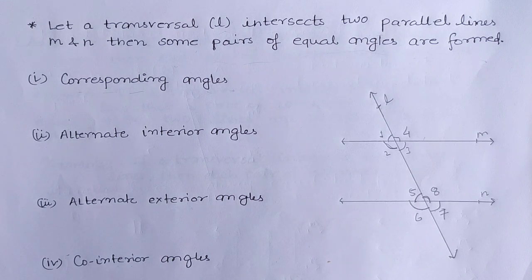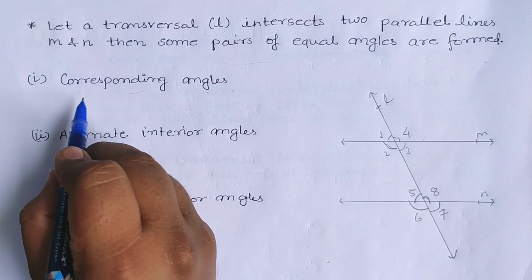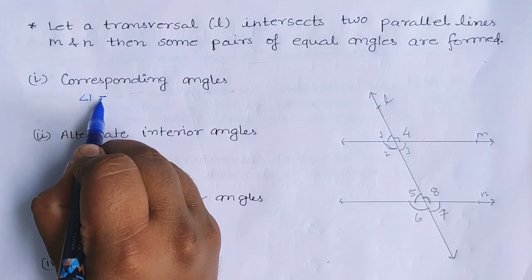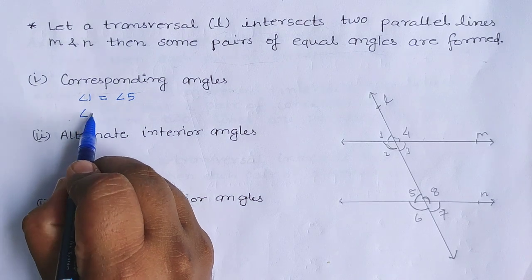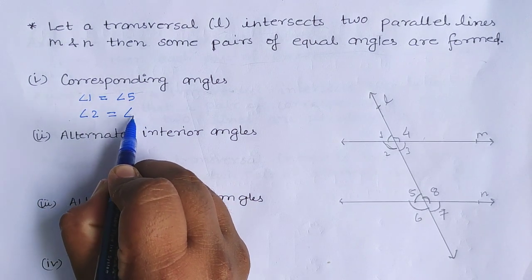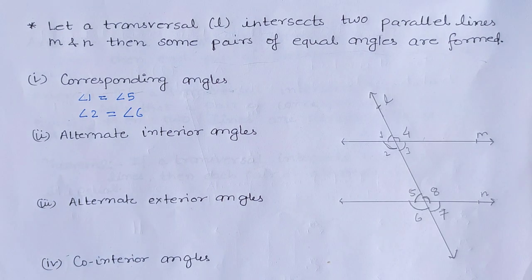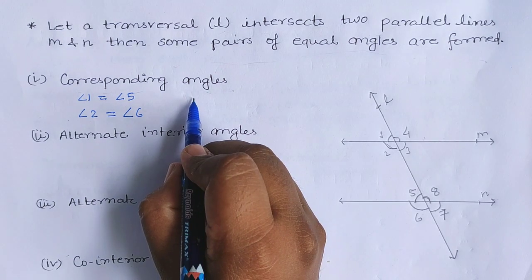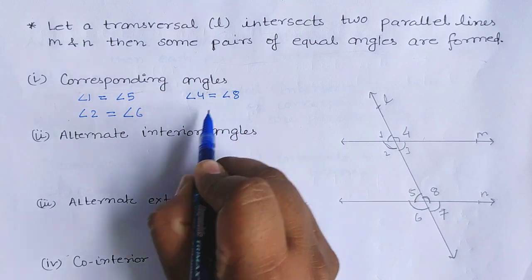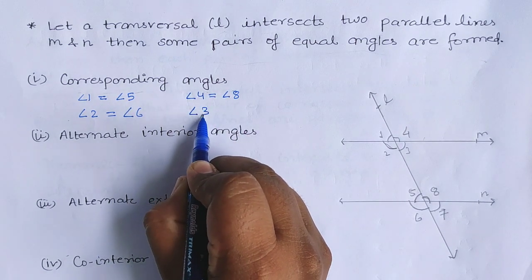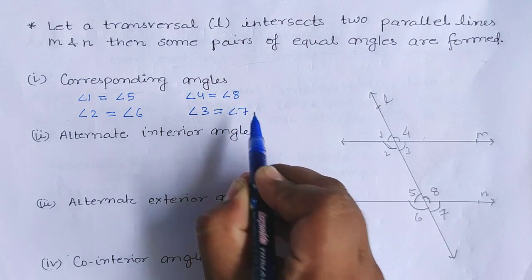So we can write angle 1 is equal to angle 5, angle 2 is equal to angle 6, angle 4 is equal to angle 8, and angle 3 is equal to angle 7.